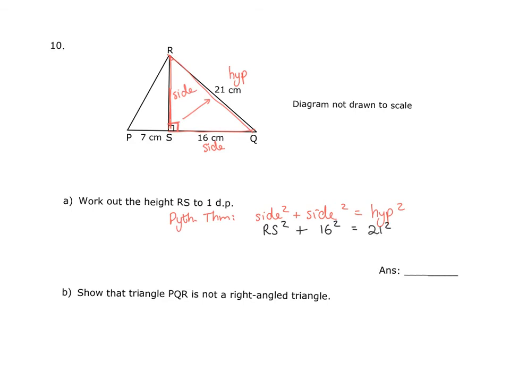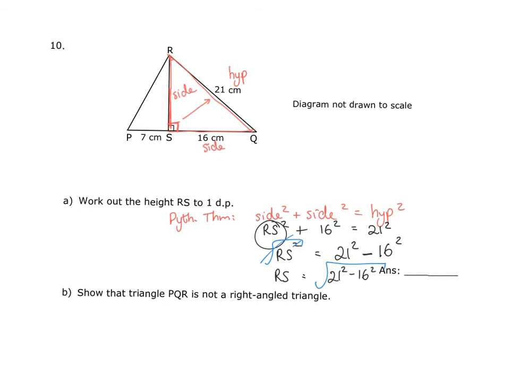Now, making RS the subject of the formula: 21 squared subtract 16 squared. For RS to remain on its own, we eliminate the squared, and to eliminate the squared, we work out the square root of the answer of 21 squared minus 16 squared.